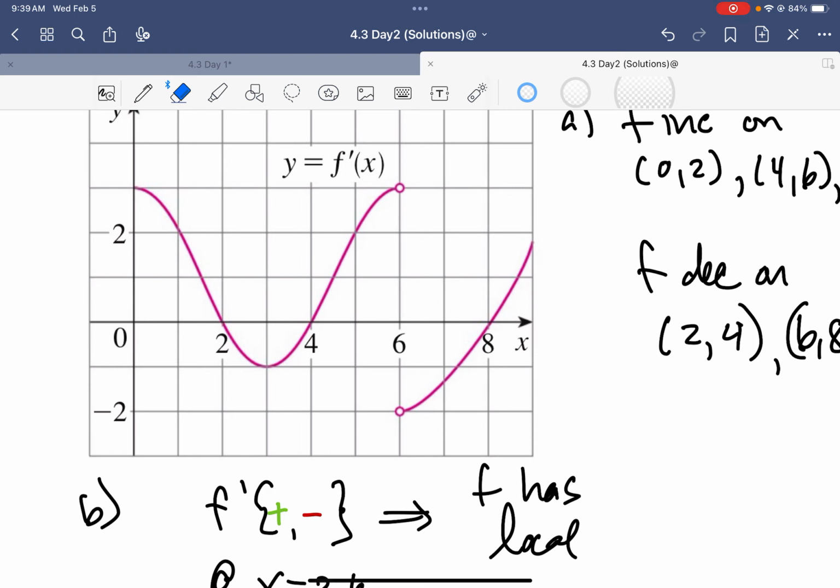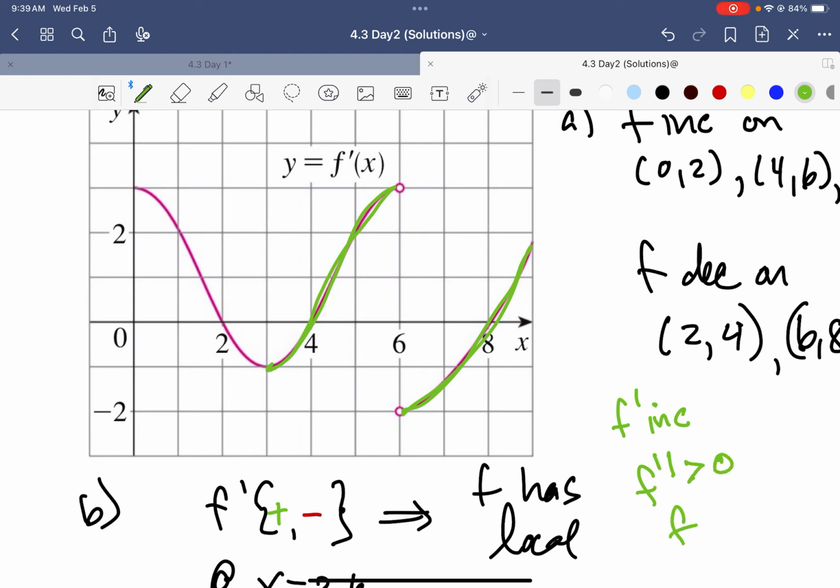Similarly, we see that f prime is increasing on this interval and on this interval. So if f prime is increasing, that's the same as saying that the change in the change is positive. So I'd say that f is concave up on these x-value intervals. Cool.